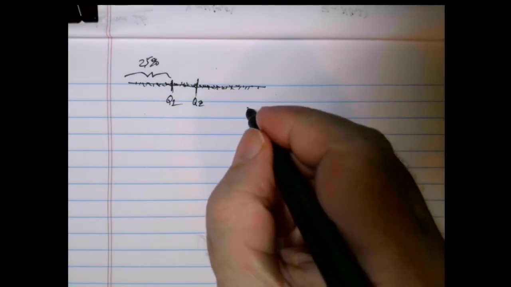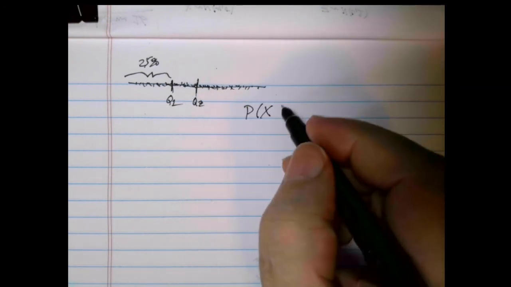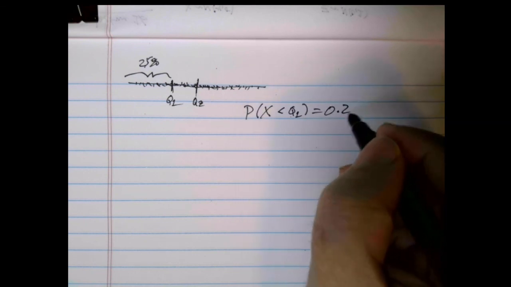And it doesn't really matter how many data points you have. If you had 1 trillion data points, that would still be the case. Q1 would be some number, so that 1/4 of them would be less than Q1. And if you pick one of those values at random, the probability you'd get one less than Q1 would be 1/4. So in general, no matter what, the probability that the random variable x is less than Q1 is going to be 0.25.